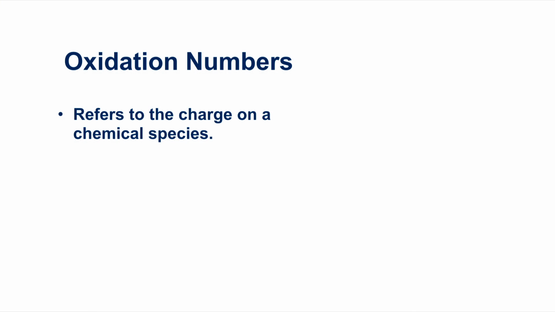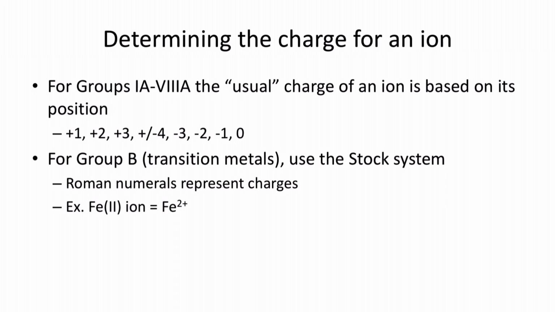So what I'll do now is I'll show you how you can determine the charges for different ions. So for ions, in groups 1A through 8A, which are the alkali metals, alkaline earth metals, all the way down to the noble gases, the charges there correspond to what you would expect based on their positions in the periodic table.